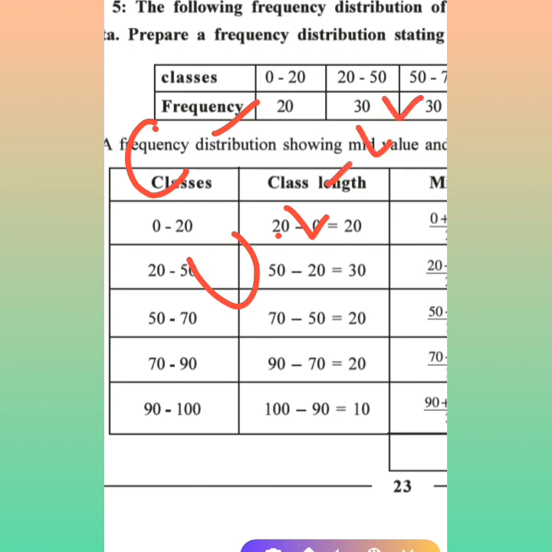So C is equal to UL, that is the upper limit of the given class, minus the lower limit of the given class, or many times you can also take boundary points, that is the upper boundary point of the given class minus the lower boundary point of the given class.